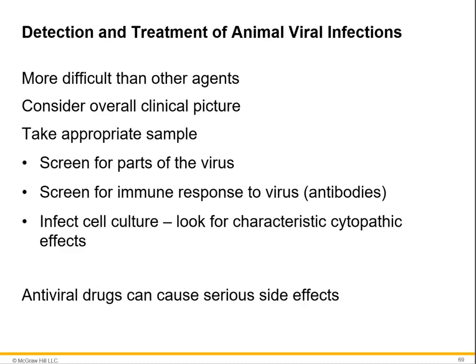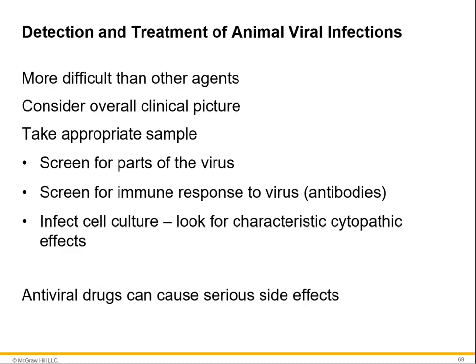Detecting and treating viral infections. This is going to be pretty difficult, more difficult than detecting and treating a bacterial infection. One of the things that providers need to do when they are assessing a patient and considering whether it's bacterial in origin or viral in origin, they need to consider the overall clinical picture.